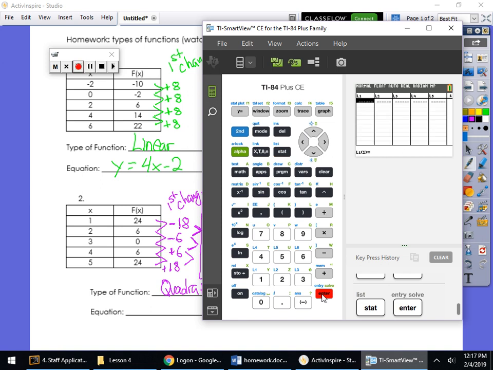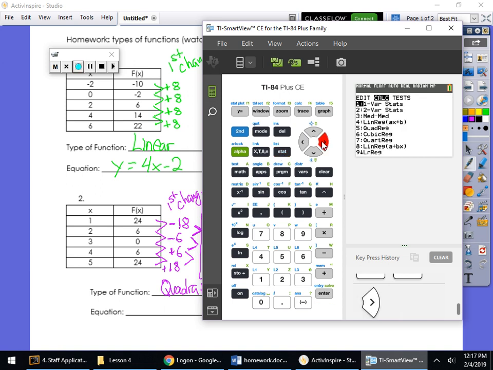We type in 1, 2, 3, 4, 5 for list 1, and 24, 6, 0, 6, 24 for list 2. I type in my numbers, I go back to stat, over to calculate. This time we said it was quadratic, so we want number 5 for our quadratic equation.